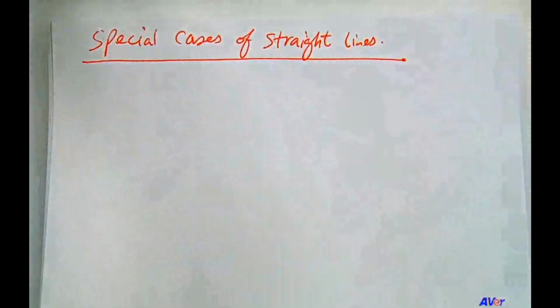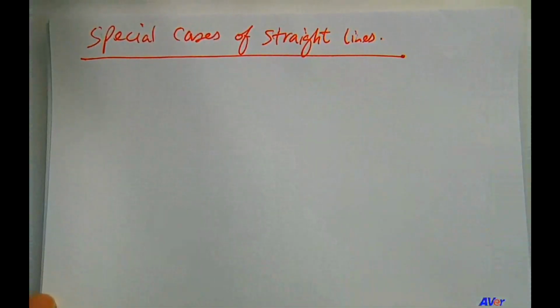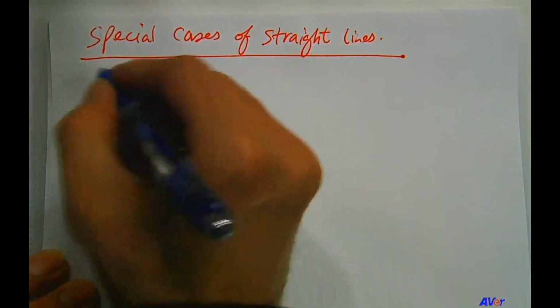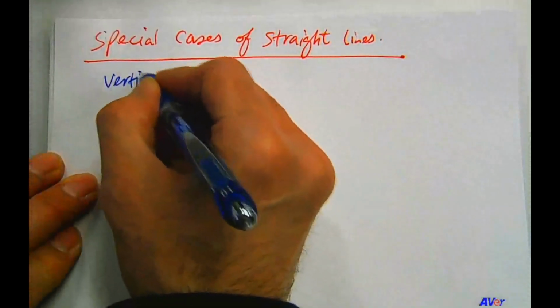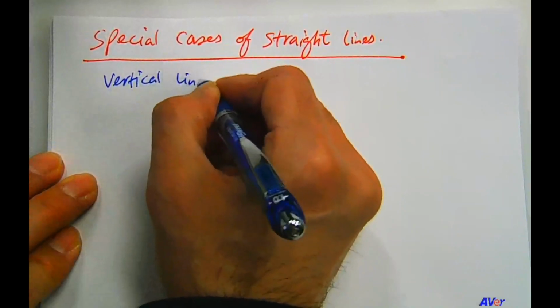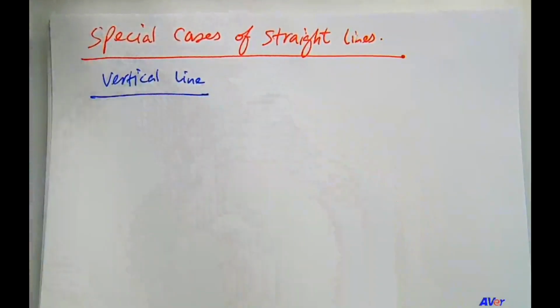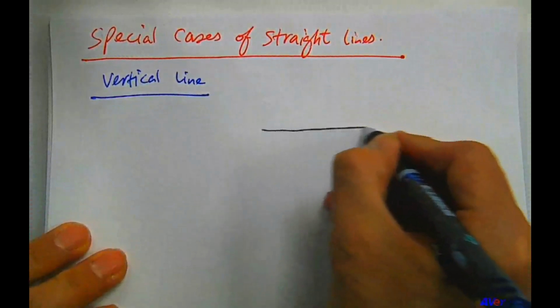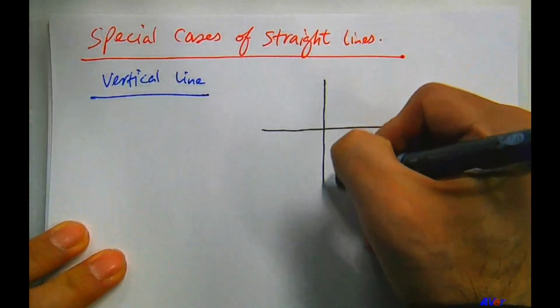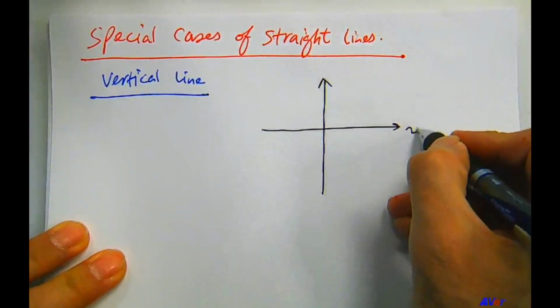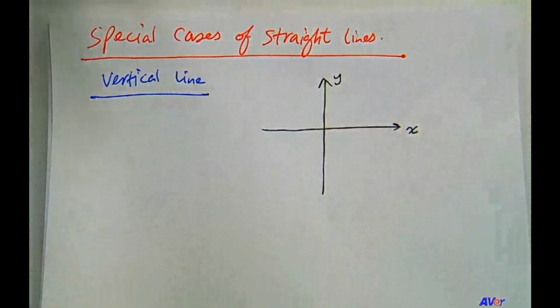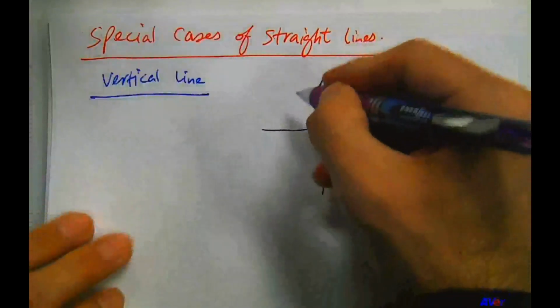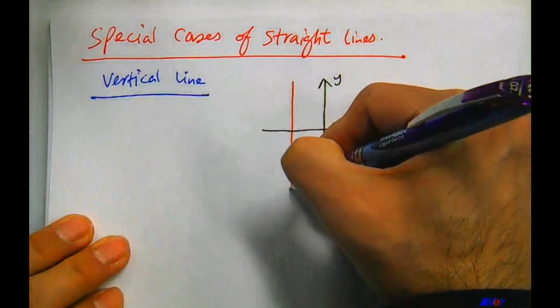I'm sure you've seen this before, so this will be a quick review. One is the vertical line. A vertical line, we can easily show with a line like this.